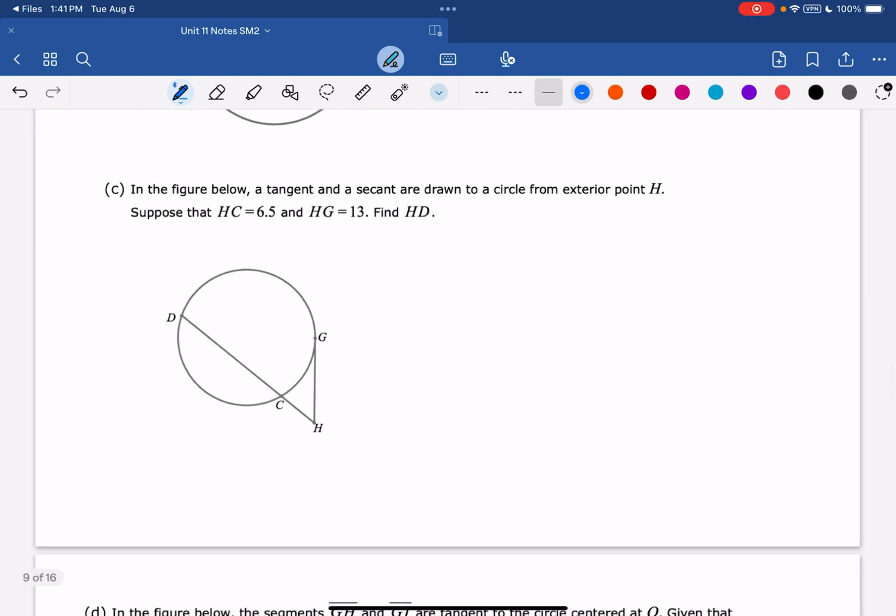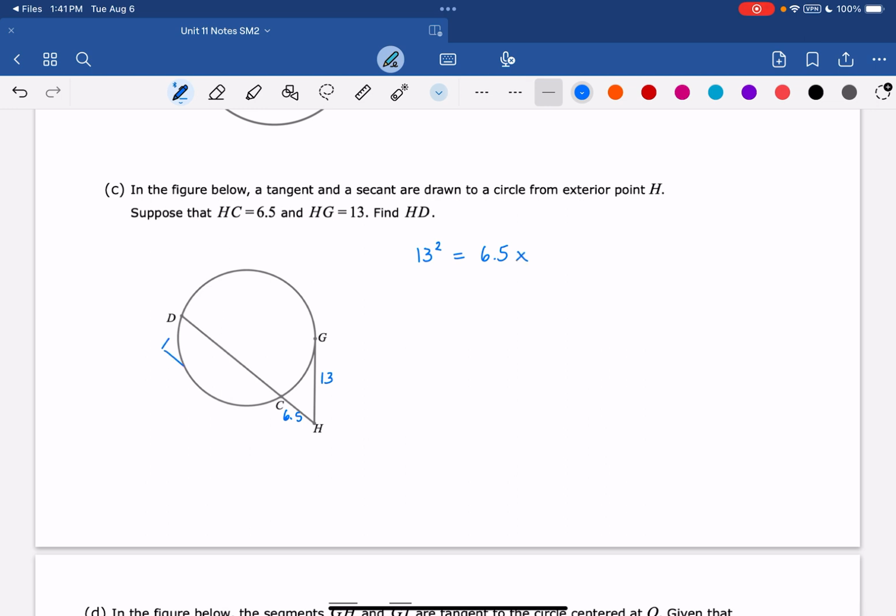In the figure below, a tangent and a secant are drawn to a circle from the exterior point H. Suppose that HC is 6.5 and HG is 13. Find HD. Okay, so remember the tangent line, it's squared, so 13 squared is equal to outside times that whole length.